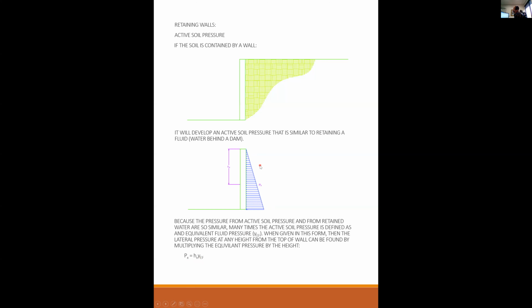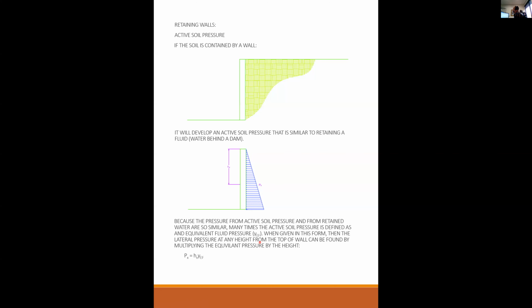So the soil may weigh 120 pounds per cubic foot, but based on its soil properties, it may have an equivalent fluid pressure of 30 pounds per cubic foot. So it exerts pressure on the wall the same as a fluid with 30 pounds per cubic foot density. Or it may be the same as a fluid with 50 pounds per cubic foot density, right?